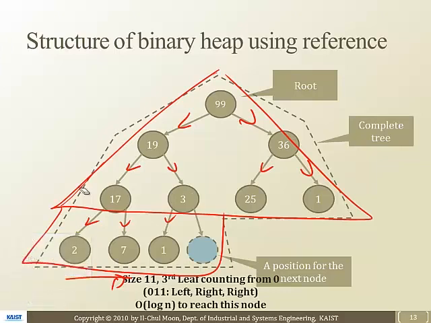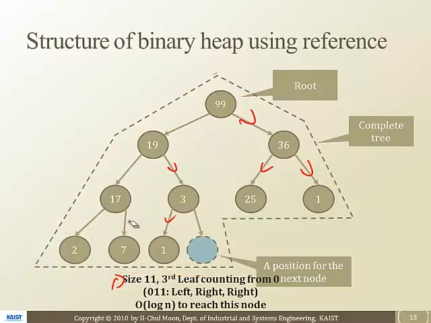And let's erase a little bit. To insert the next element, the only place it doesn't violate the complete tree constraint is this location, right? This is the only place the next node can come in.